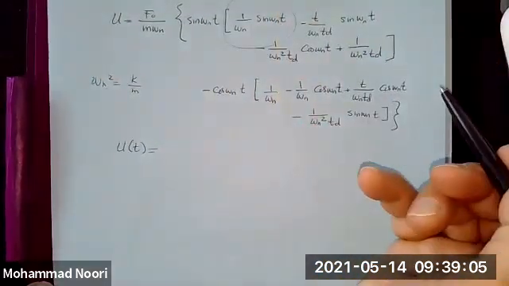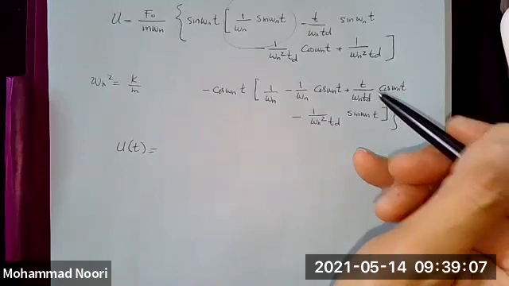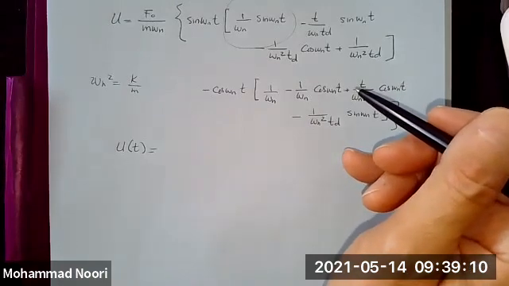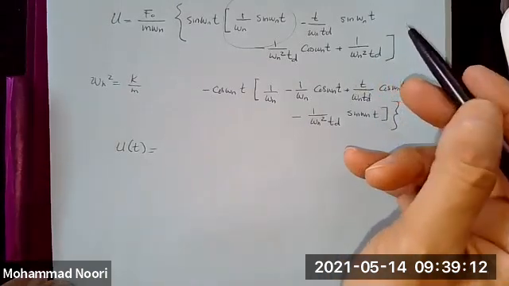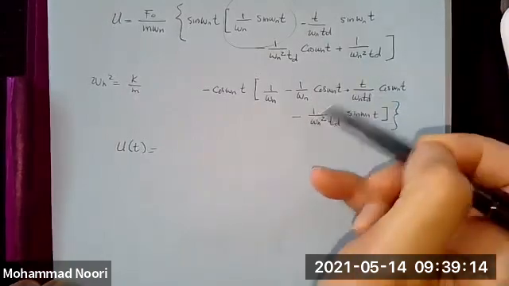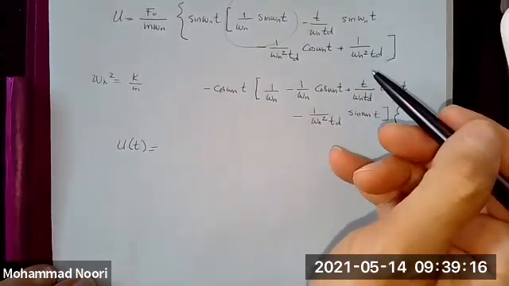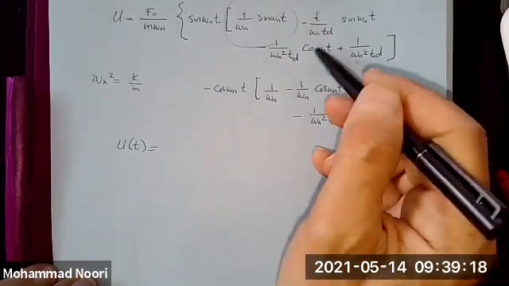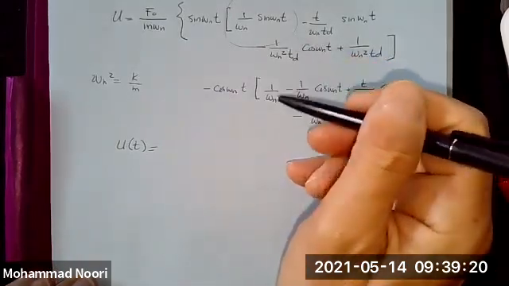After all the simplifications, there are a lot of common terms that you can factor out, omega n and sine of omega n t.